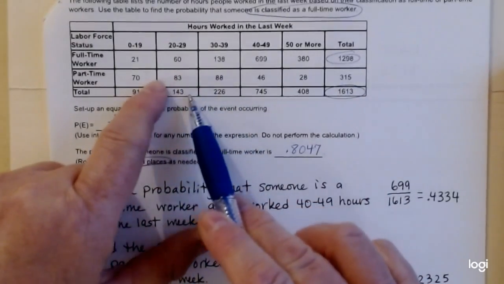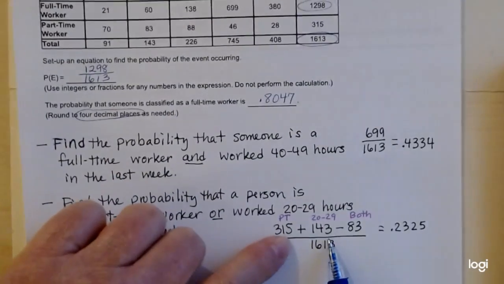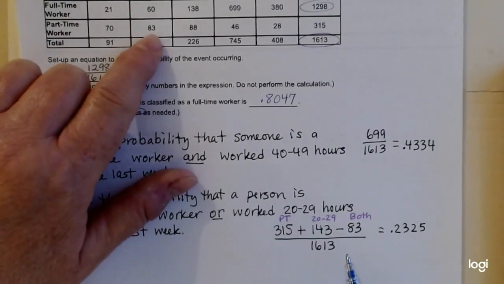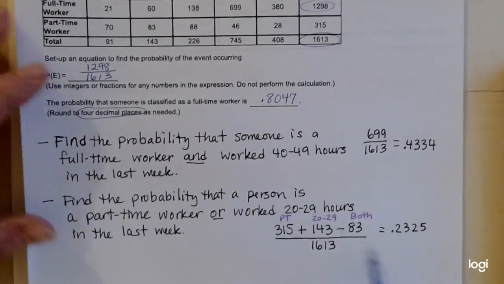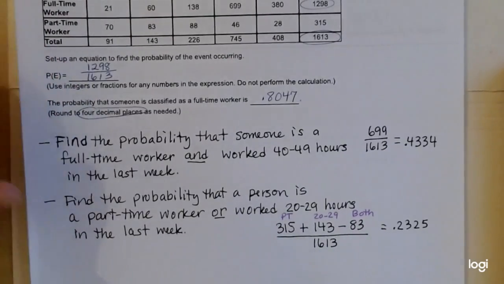So they are included in this number and in this number. So basically, if we put those two numbers there, we've double counted those 83 people. So we're going to subtract out 83. We don't want to eliminate the people altogether, but we just want to eliminate the double counting. So we subtract that value out, and then they'll only be in this total once.